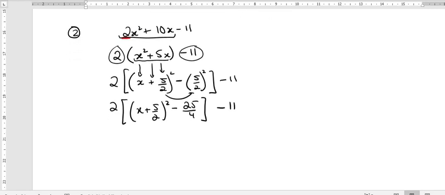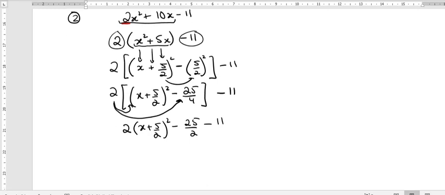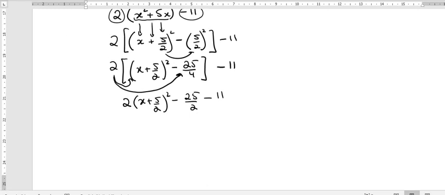Now, you can bring this 2 into here, times it with that bracket, and times it with that. So I have 2 times x plus 5 over 2 all squared. Multiply the 2 with the 25 over 4. So that's just going to halve it. So I've got 25 over 2, and then I've got minus 11. I've got to add these two numbers together.